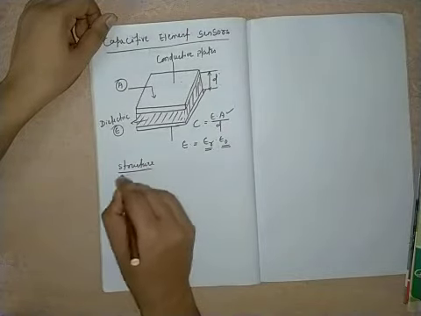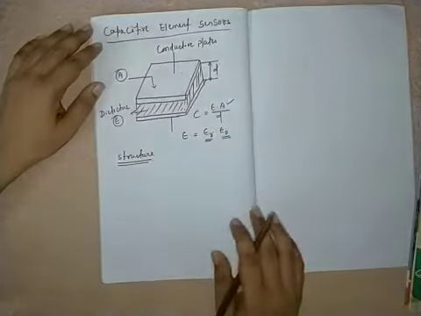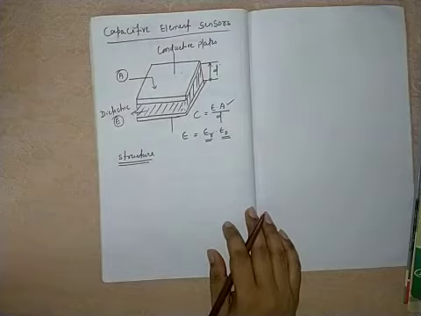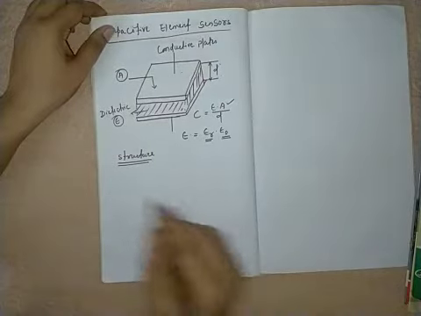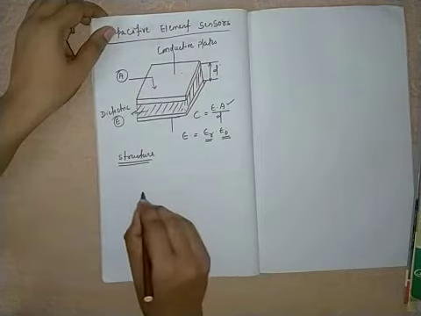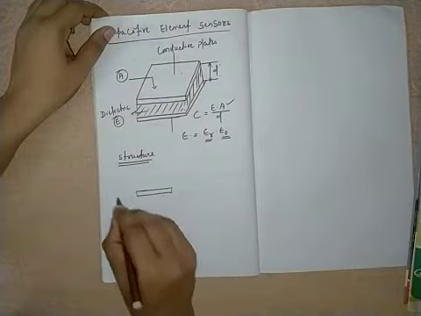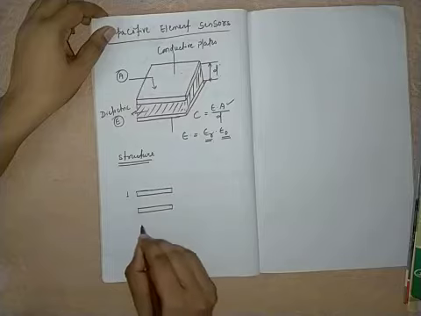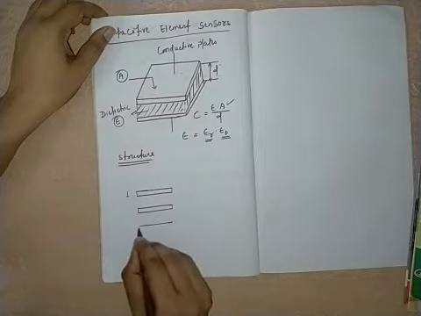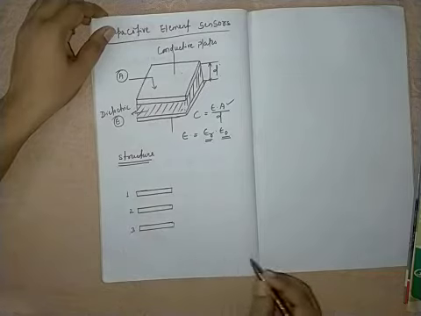So what is the structure? Let's discuss the structure. Generally this capacitive element based sensor consists of three plates. Let me draw it for you. So this is plate number 1, this is plate number 2, and this is plate number 3.